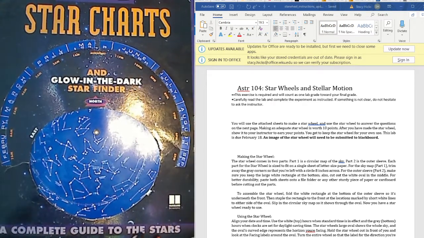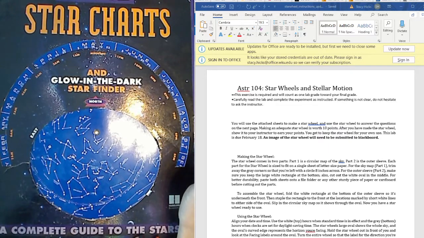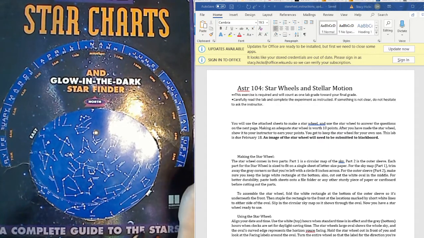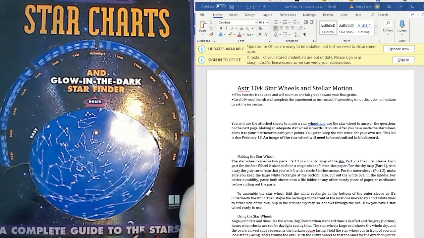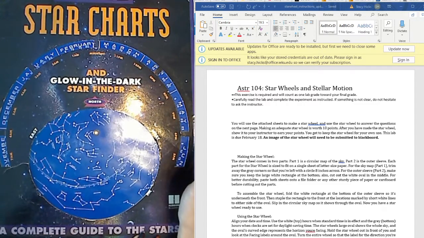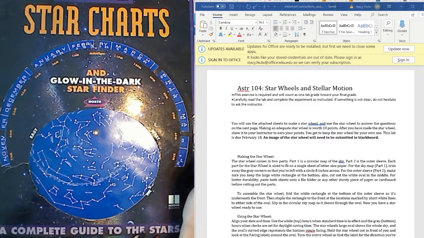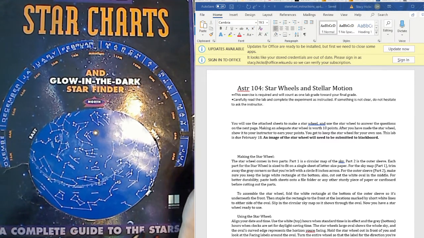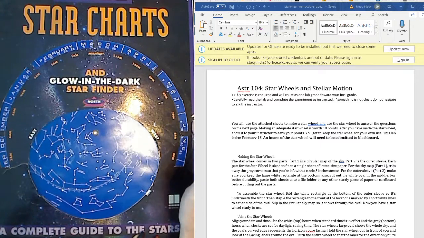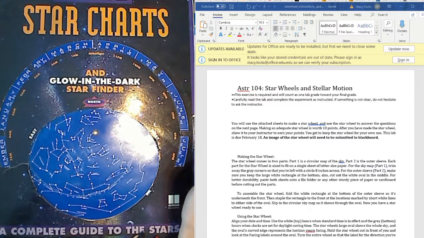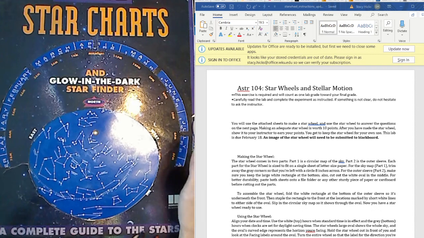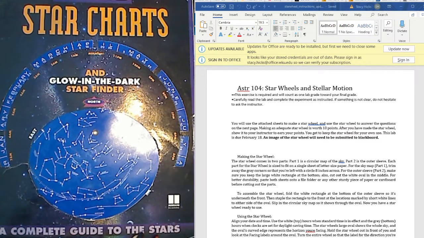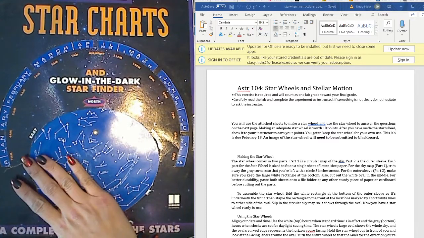So take summer, say at 8 p.m. on June 15th, getting near the summer solstice. This is what our sky is going to look like.